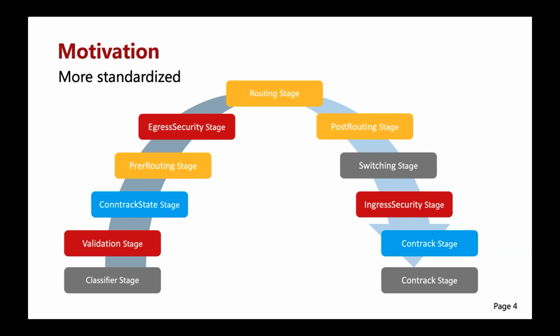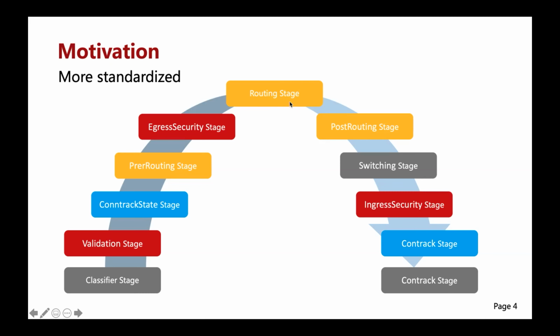Some principles of the flexible pipeline. First, a packet from a table in a stage can only jump to the first table of another stage. And we add a new action called go to stage. Another principle is that a packet from a table in a stage can jump to any table within that stage. For example, in the routing stage, there are three tables.